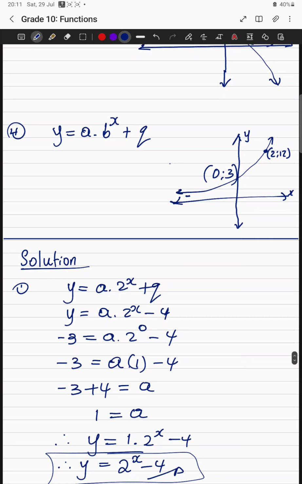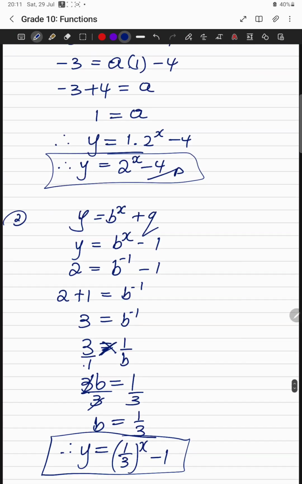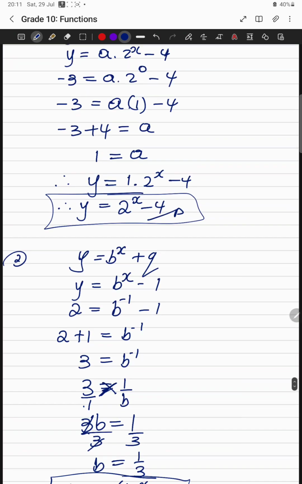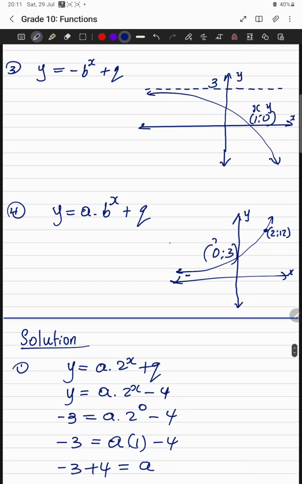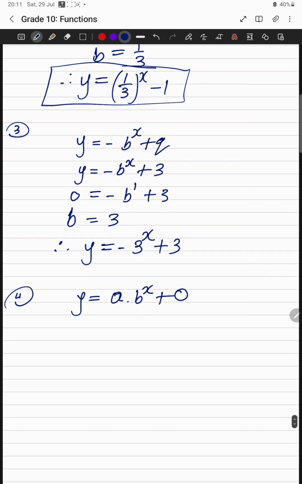And then the next step is to use the y-intercept first. Our intercept says x is 0, y is 3. So in place of x here, I'm going to put 0. In place of y, I'm going to put 3. And then we solve for a.